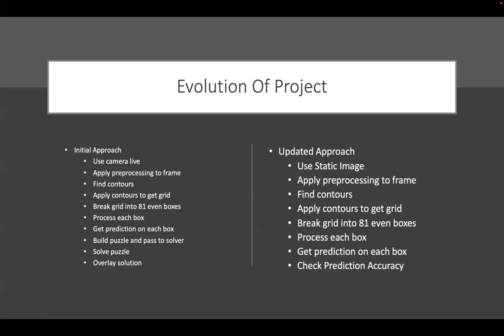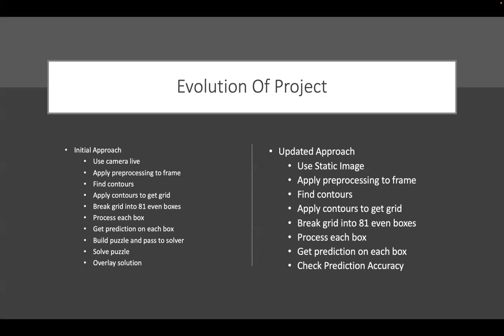But if I can get the pipeline to run, as you can see, the updated approach is fairly similar. The difference being, we use a static image, we follow all the same steps, but instead of actually solving, we want to focus on looking at the prediction accuracy.